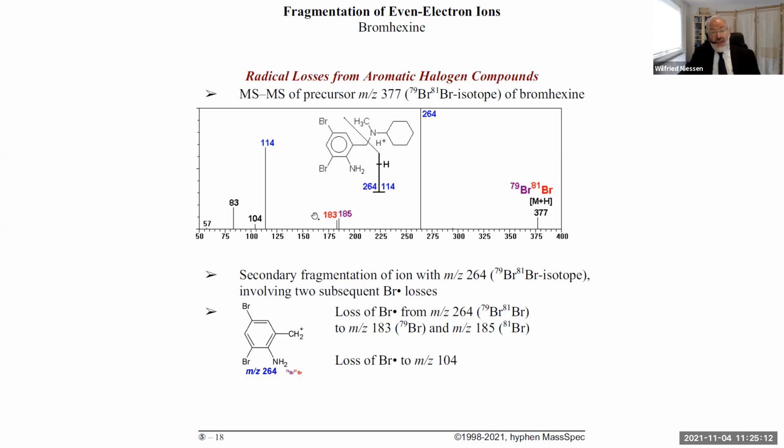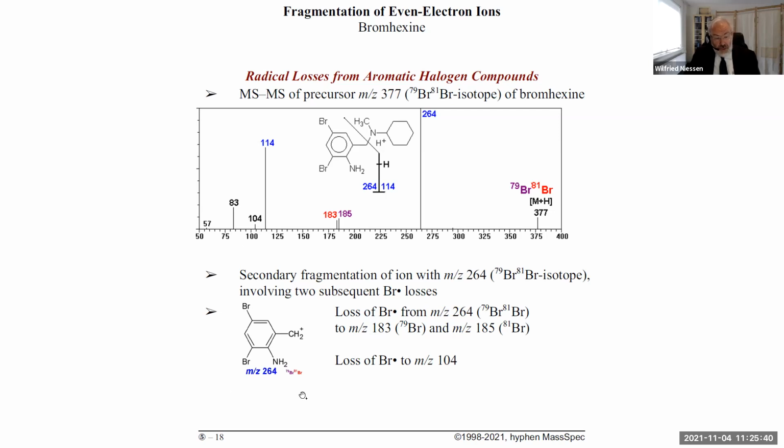Sometimes I say the greatest fulfillment of life of an odd electron ion is the loss of a radical. So what we actually see from the 183 and the 185 are losses of Br dot. From the 185, we can only see the loss of 81 bromine to the 104. For the 183, we can only see the loss of the 79 bromine to the 104.